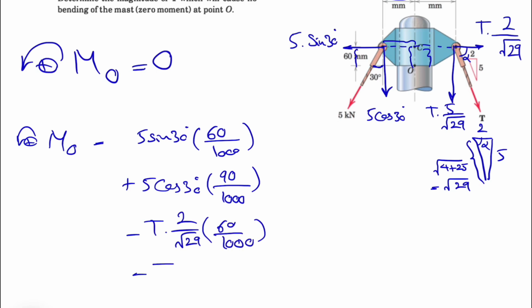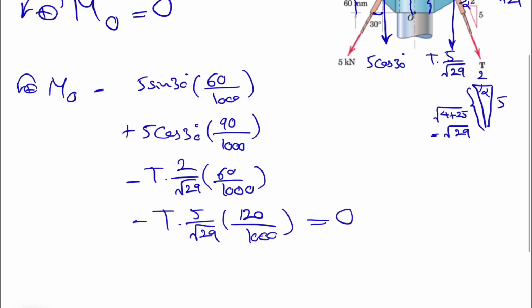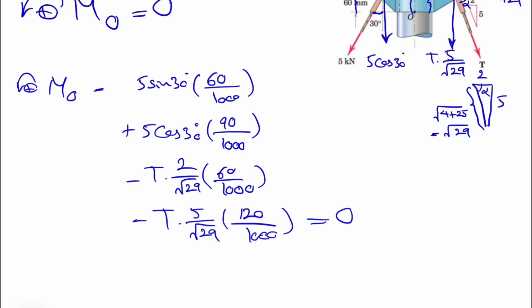Also we have the moment of the vertical component, so 5 over the square root of 29, and this will be 120, which is this distance here, divided by 1000, and this will be equal to 0. Again, if we just multiply this equation by 1000, we can get rid of the 1000 that we have for unit conversion. That's why I was saying we don't need to do the unit conversion.